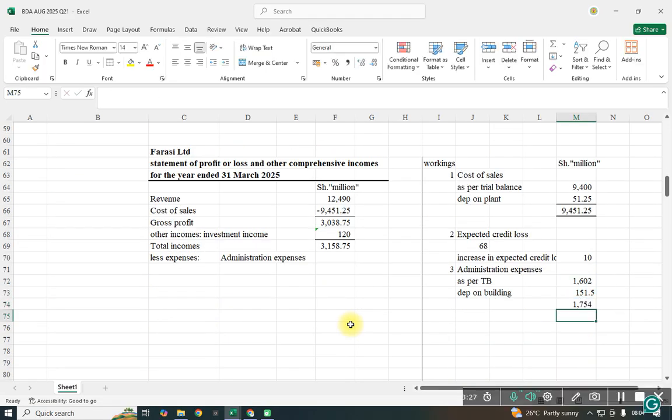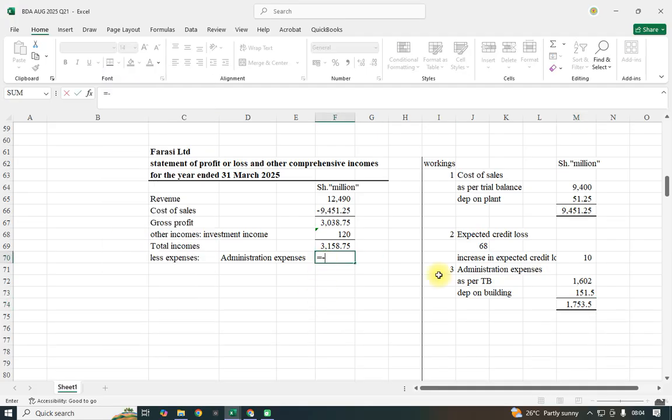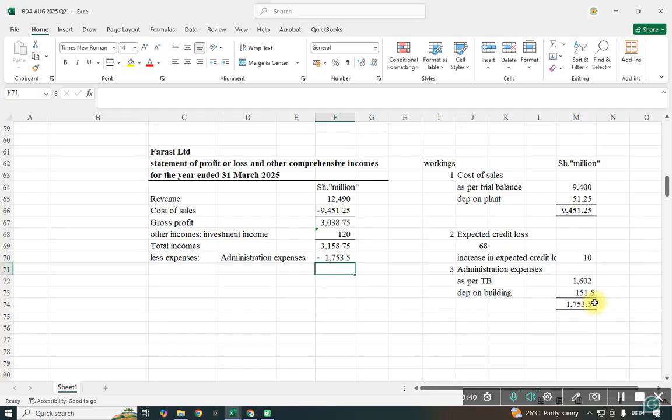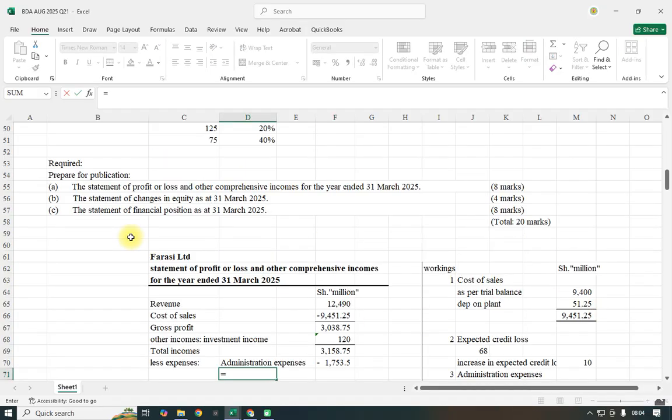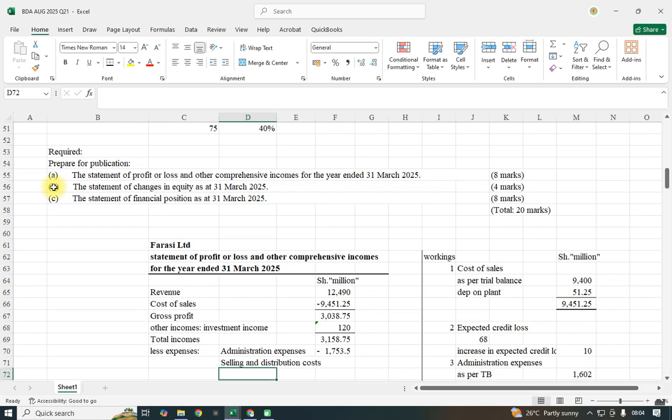So it means these two, just add it that way. This is our admin, and I'll just minus that, it's an expense. Then we have the selling and distribution cost.